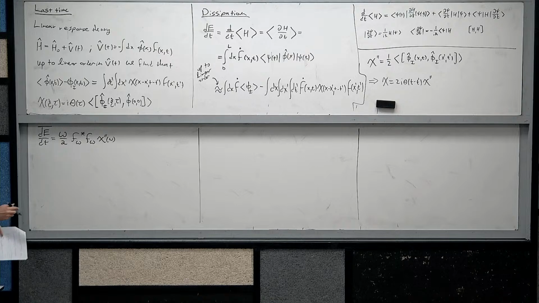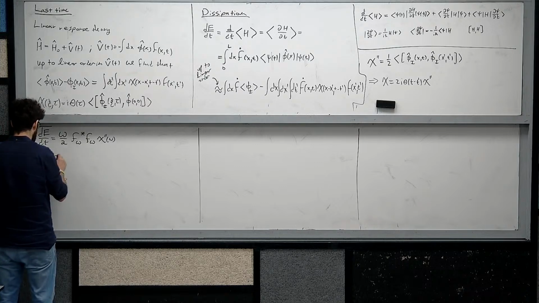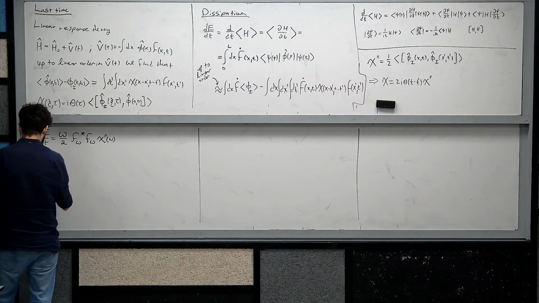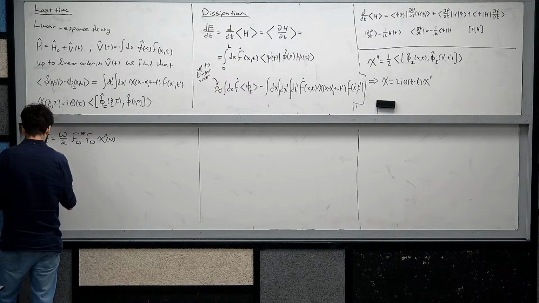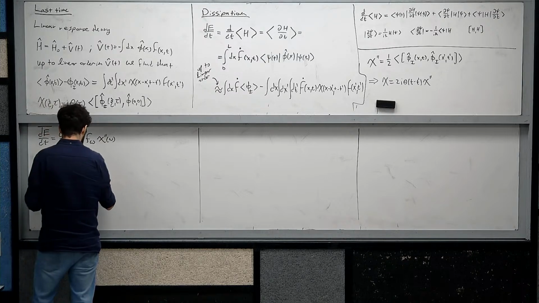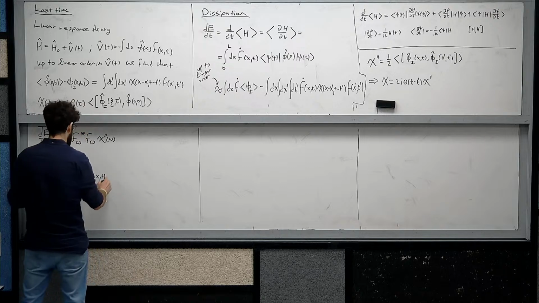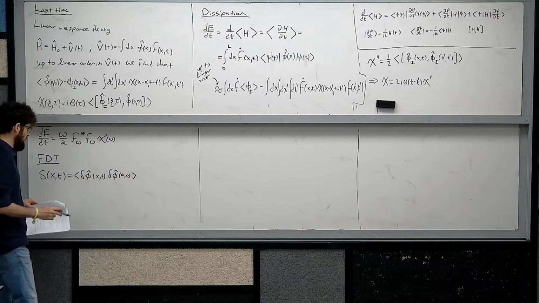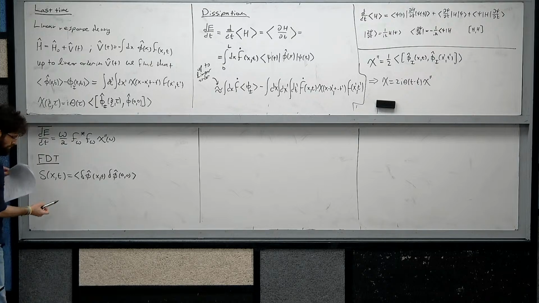Then the next step was we saw the FDT, the fluctuation dissipation theorem. We defined another function, which is S of x and t, which is delta phi of x and t, delta phi of 0 and 0. Again, I'm assuming translational invariance, and this delta phi here is not this delta phi.